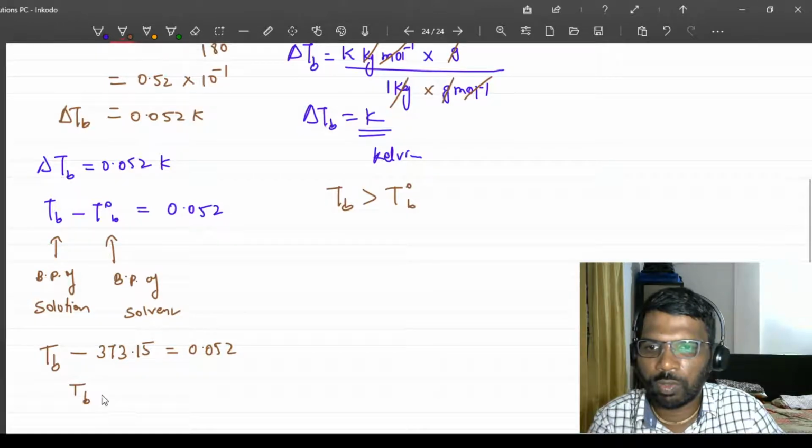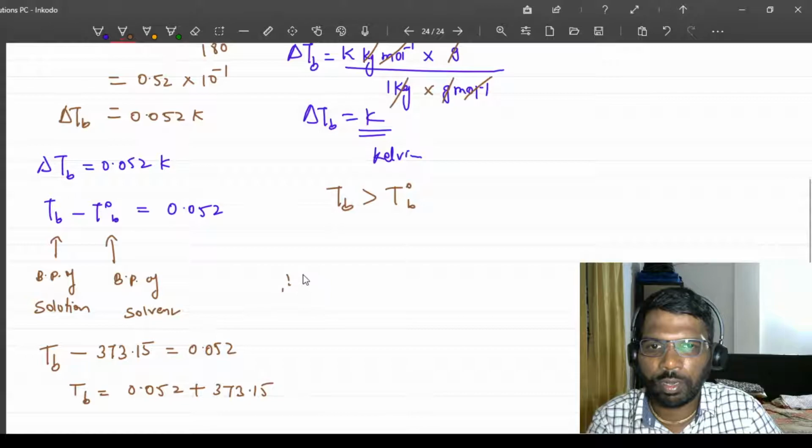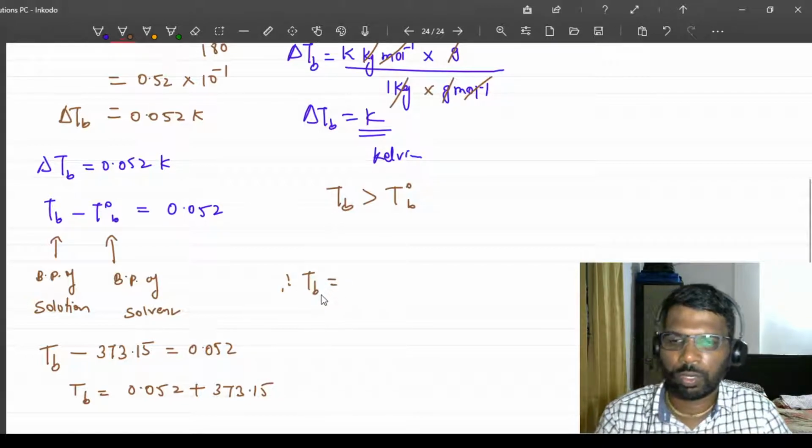Therefore, TB is equal to 0.052 plus 373.15.